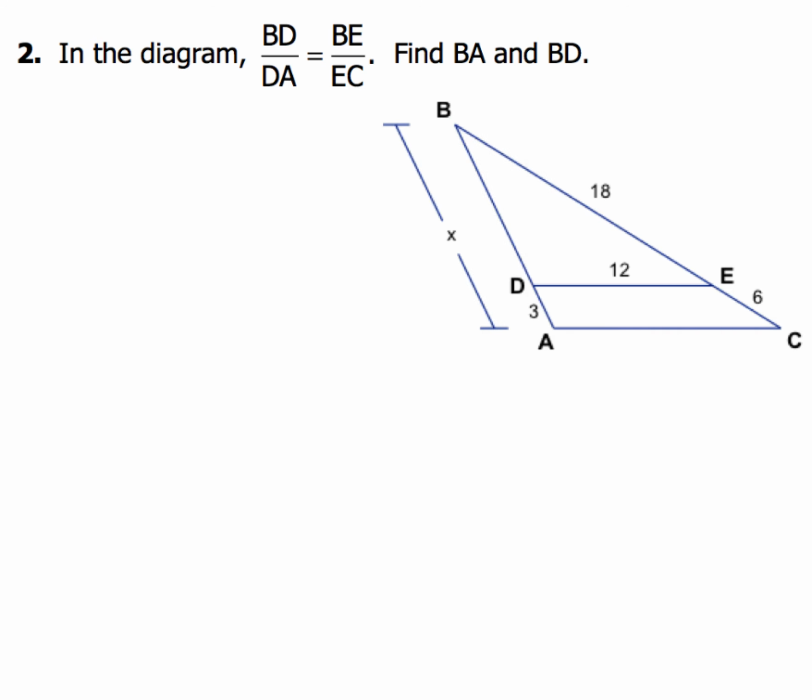Well, when we take a look at this, BA, that's the entire length of one side of the triangle that they're representing by the letter X. The BD part, from B to D, I don't know what that is, so I'm going to have to do some stuff to help me figure that out. So let's play around a little bit with what we've got written down in our proportion.